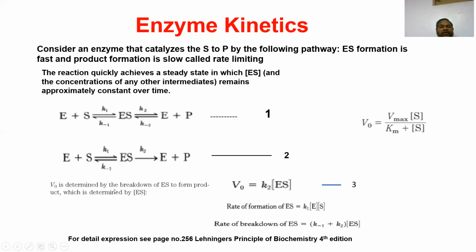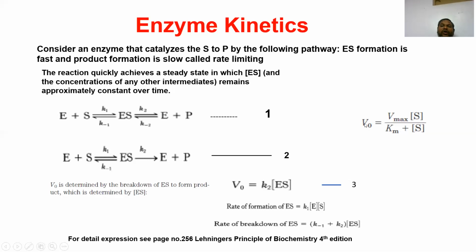So V0 is determined by the breakdown of the enzyme-substrate complex to form product. The rate of formation of the enzyme-substrate complex can be written using the rate constant, the concentration of enzyme and the substrate concentration, and the rate of breakdown of the enzyme-substrate complex is k minus 1 plus k2, the rate constants, times the enzyme-substrate complex concentration.